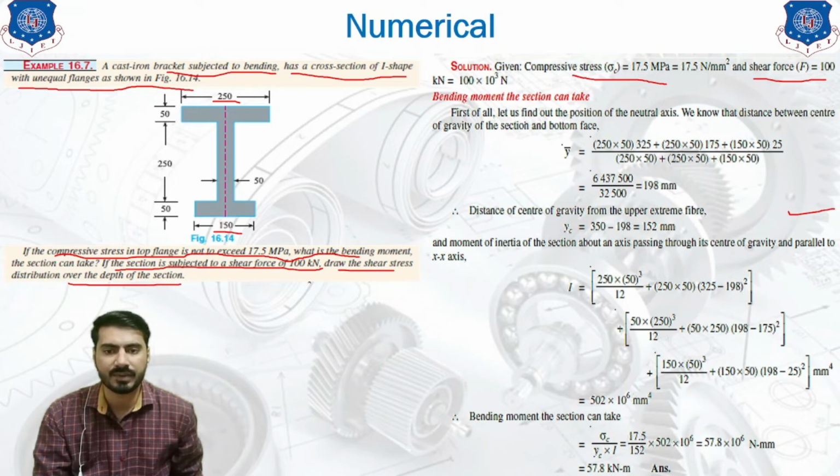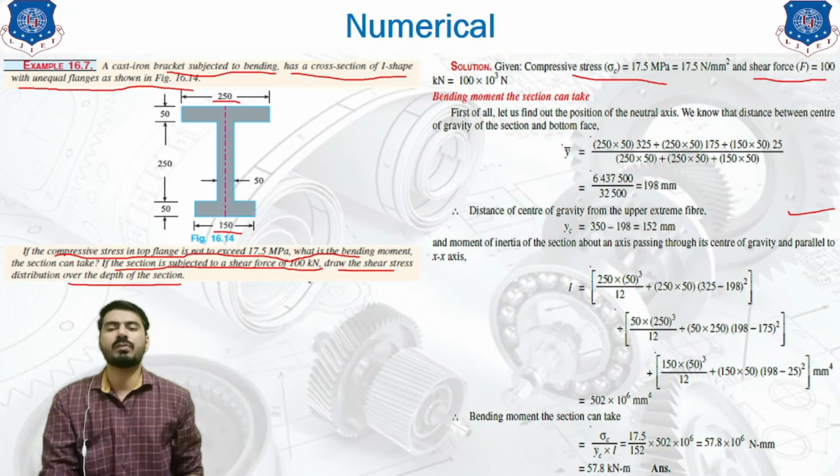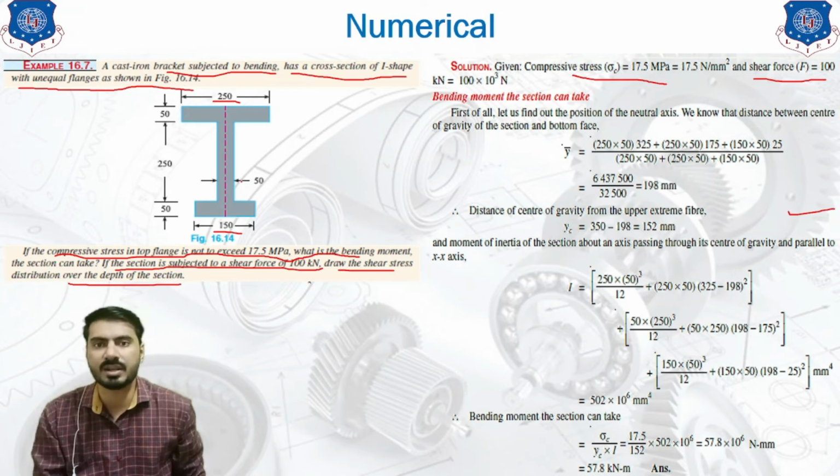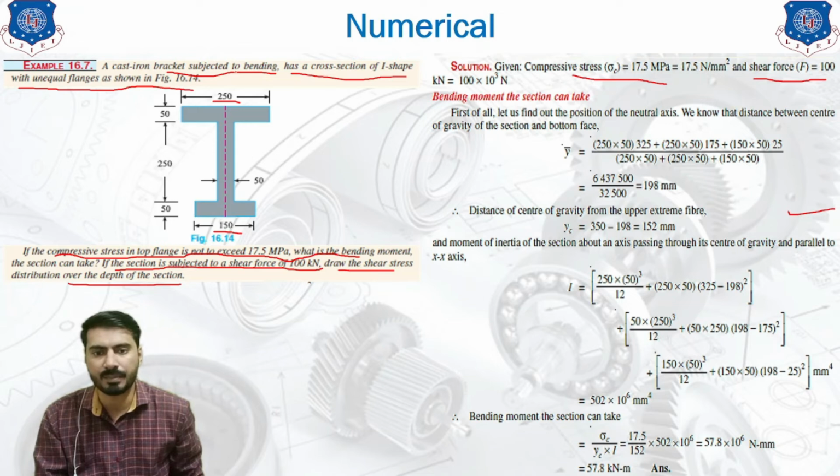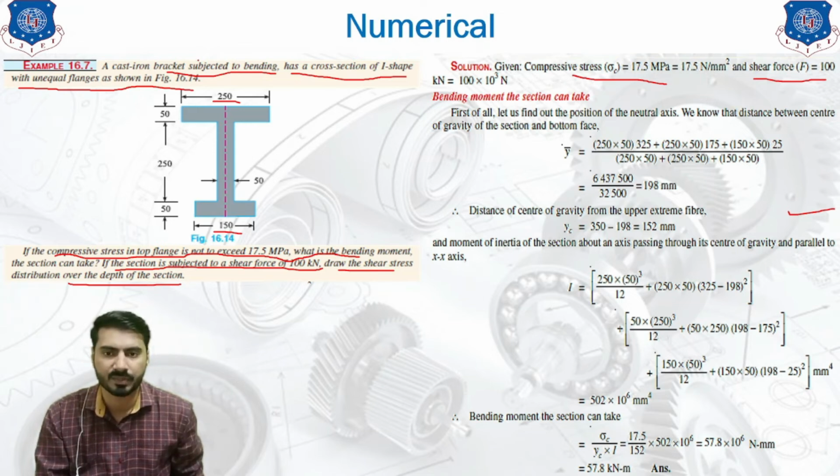Now let us find out the Y bar. Y bar is required because the flanges are of uneven dimensions. If it were a symmetrical section, then we would directly find the Y bar by dividing the total depth by 2. But right now the Y bar is not as simple as it seems. You need to find the Y bar by the concept of the centroid.